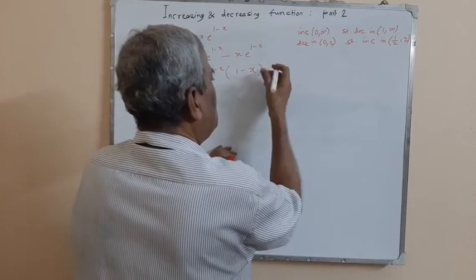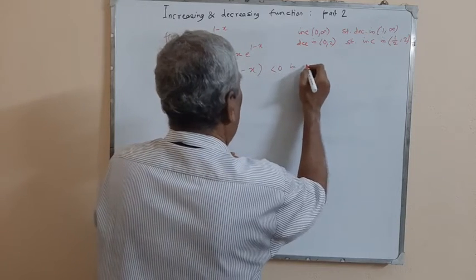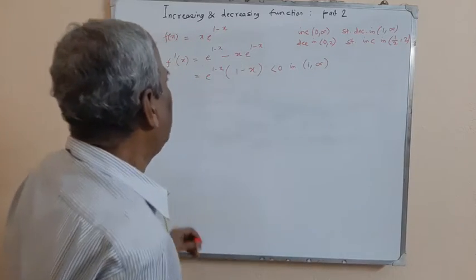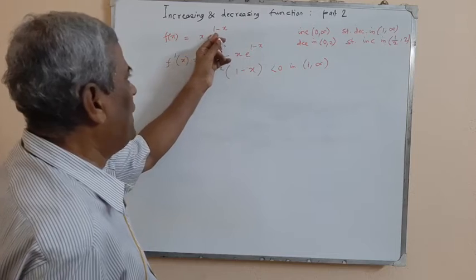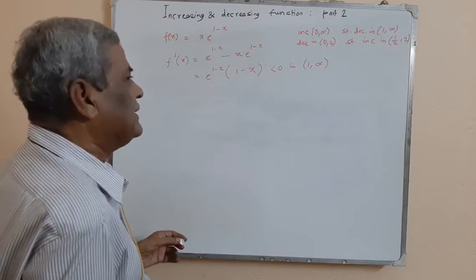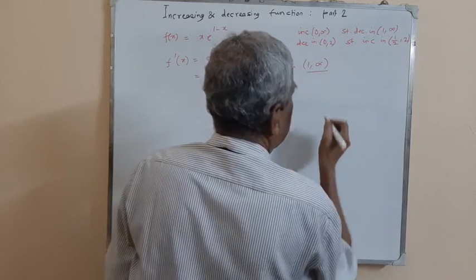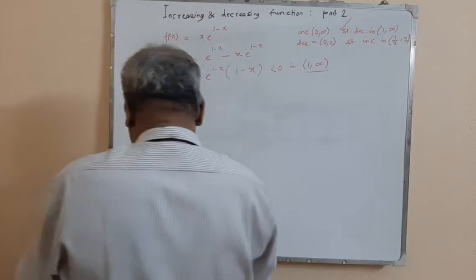So this is strictly negative in 1 to infinity. So this function x into e to the power 1 minus x is strictly decreasing in that range. So it is the correct option.